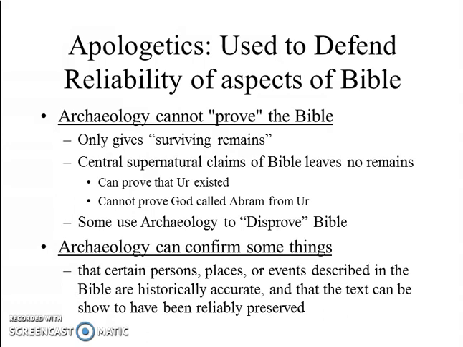And some of the events that are said to have happened are also said to have happened elsewhere. For example, the besiegement of Jerusalem by Sennacherib, recorded in the Bible, is also recorded in his annals. Moreover, as we've seen, the texts of the Old Testament can be shown to have been reliably preserved based on texts that have been discovered archaeologically, especially the Dead Sea Scrolls.